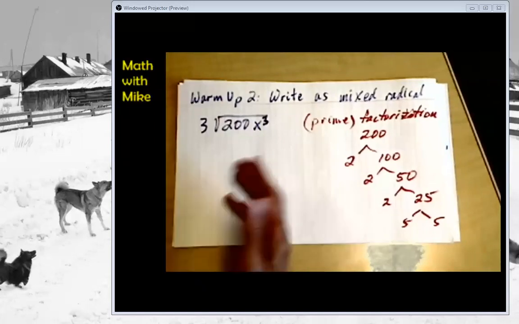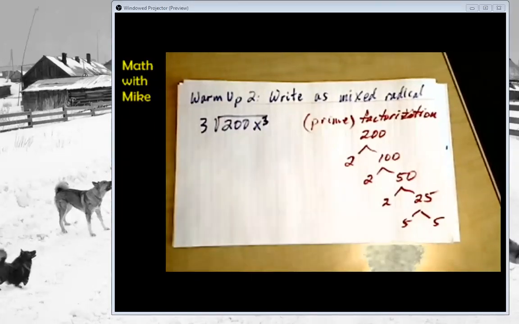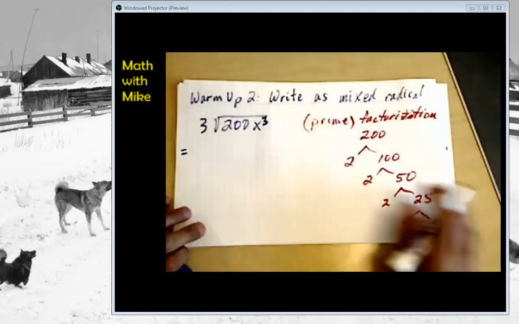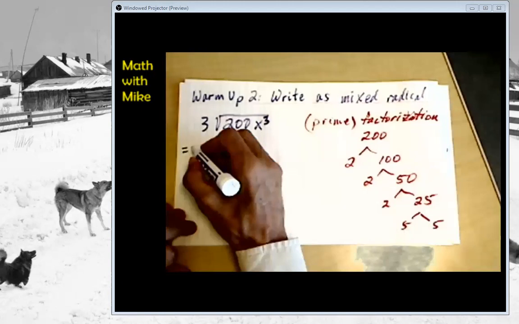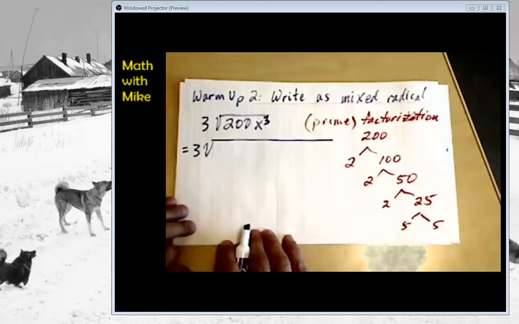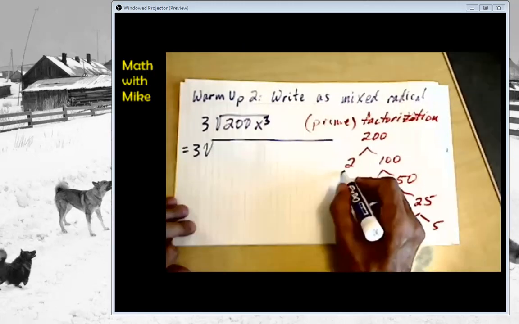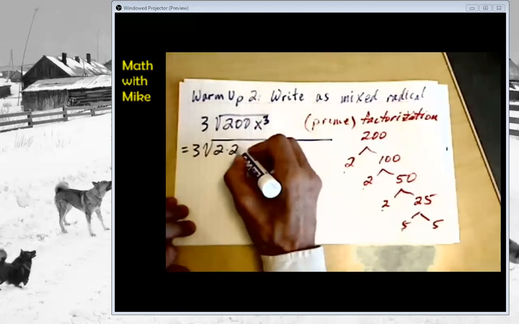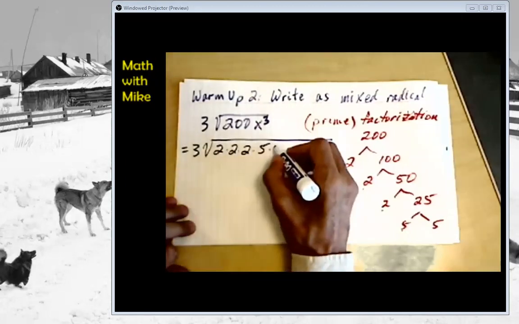Good, beautiful, nice. What do you do with these now? Put them all in a square root. Okay, big square root to get them all in there. We got 2 times 2 times 2, 5, 5.